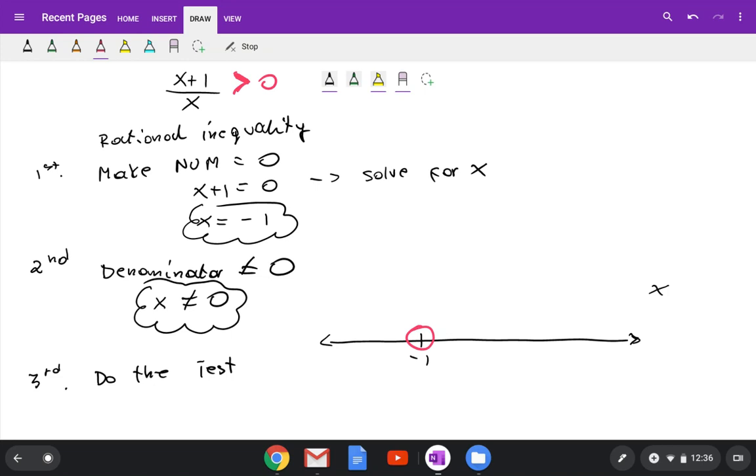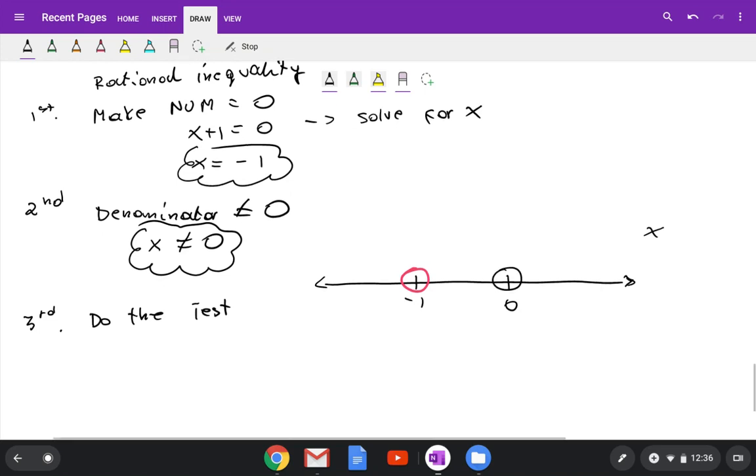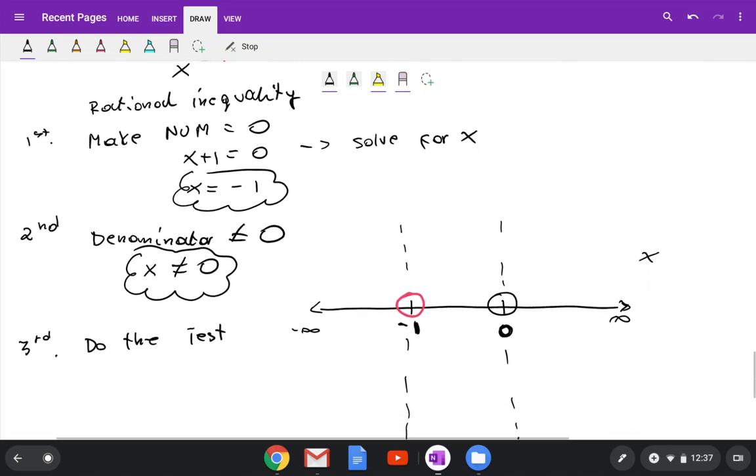And we know that x can't be equal to 0, so that always has an open circle. Now you see those two numbers divide the number line into 3 intervals: from -infinity to -1, from -1 to 0, and from 0 to +infinity. One or two of those intervals will be our domain, so we have to check.